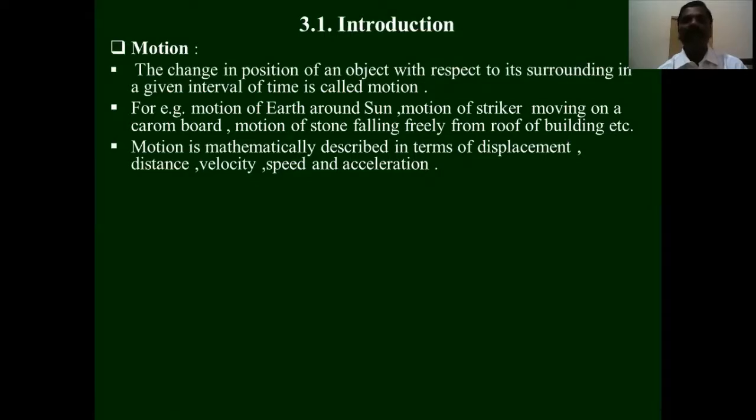These are the few examples which are given here. Now, when we discuss about the motion, this motion is mathematically described in terms of displacement, distance, velocity, speed, and acceleration. In this topic, we want to discuss all these quantities.